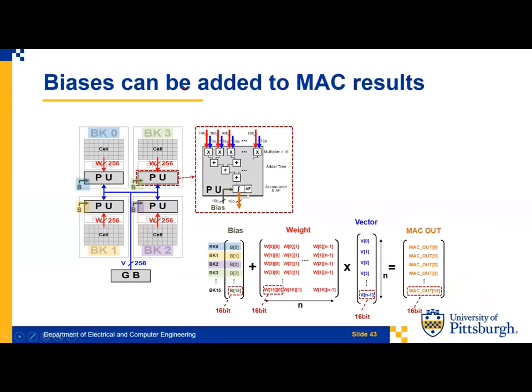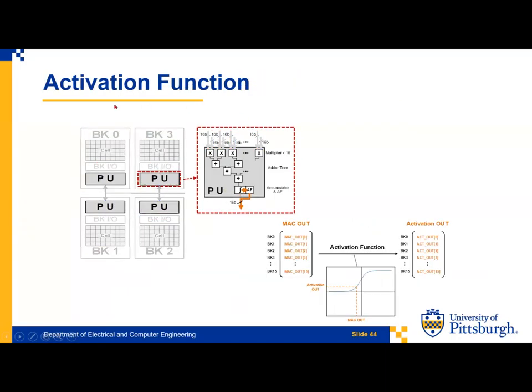Also you could load the bias from your memory bank and add the bias to the MAC results. Then the processing unit also implements the activation function, so you could do the activation inside the processing unit and write back the result to the memory bank.